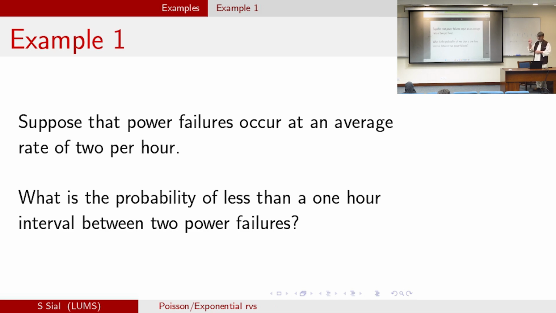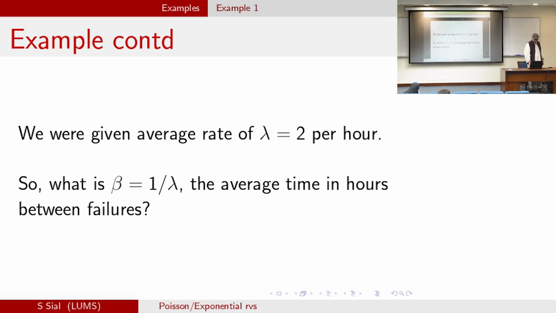Oh, okay, so we have to go back to our PDF for the exponential distribution, because now we're talking about the time interval. Once again, we were given 2 power failures per hour. So beta equals 1 over lambda. 1 over 2 is the average time, half an hour in this case, the average time between power failures.